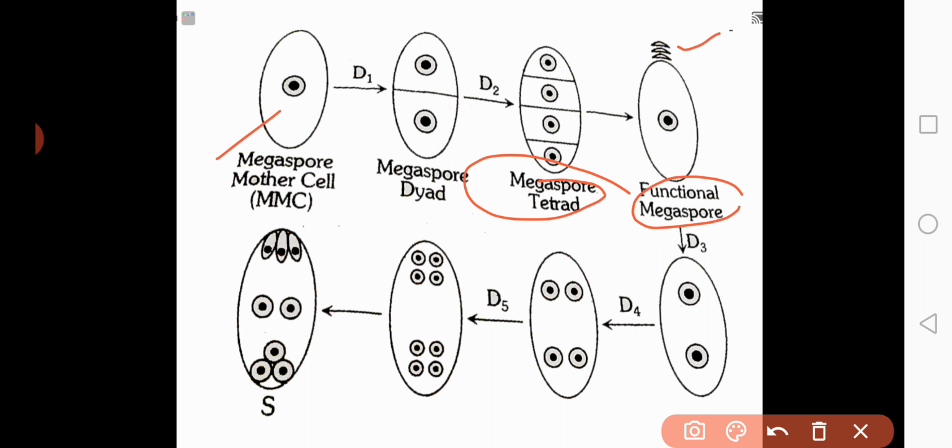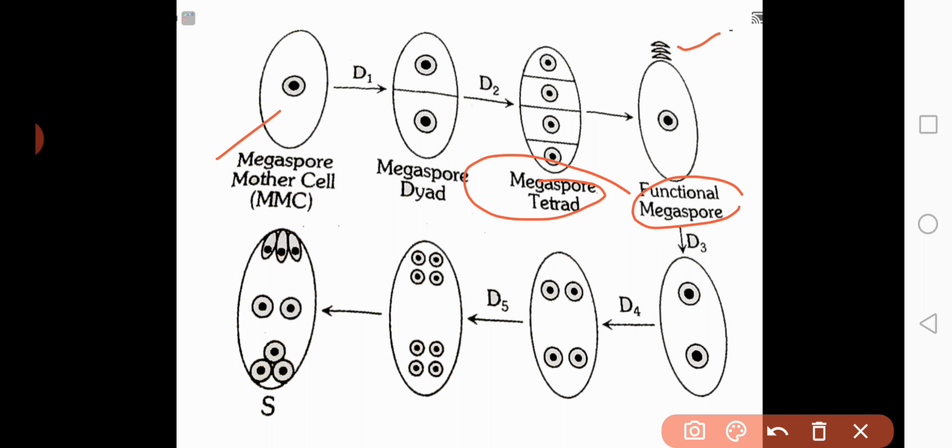Later 4 nuclei are formed, and finally 8 nuclei are produced. Now out of these 8 nuclei, 3 nuclei move towards the chalazal end and form the antipodals.